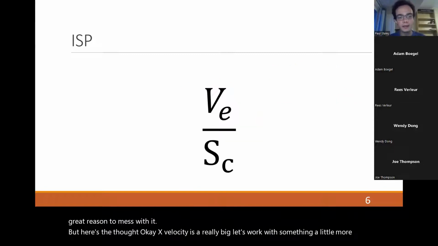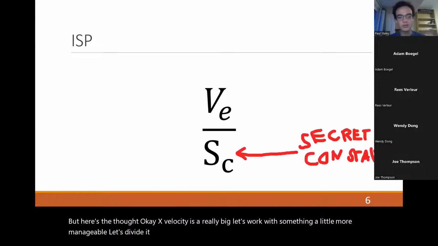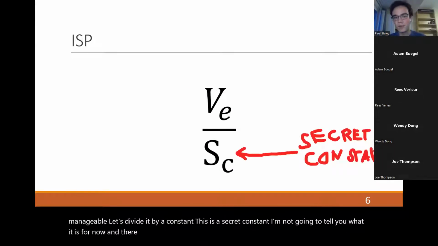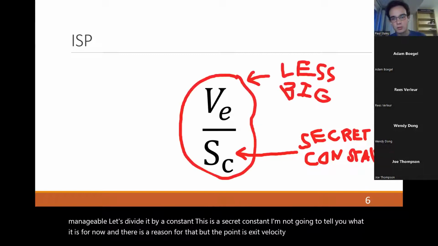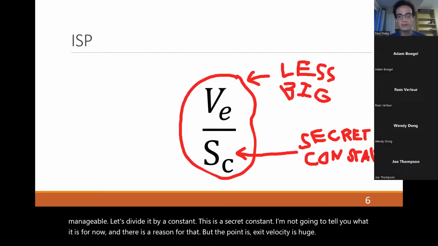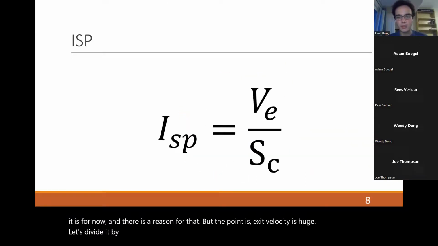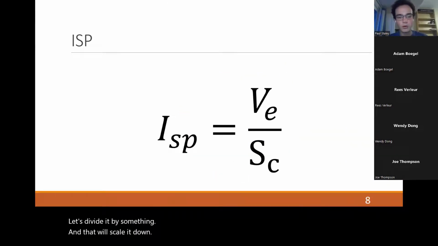Let's divide it by a constant. This is a secret constant. I'm not going to tell you what it is for now, and there is a reason for that. But the point is, exit velocity is huge. Let's divide it by something, and that will scale it down. So what we get is the thing that we call ISP.